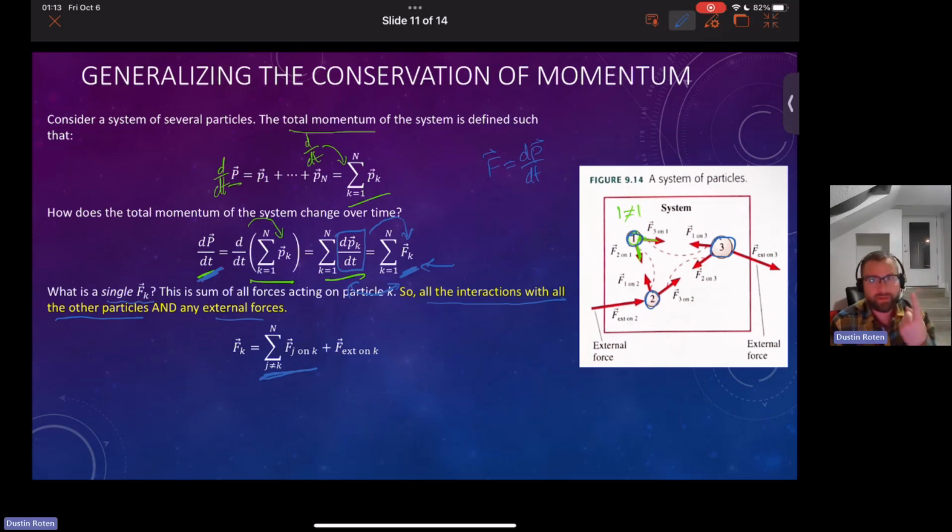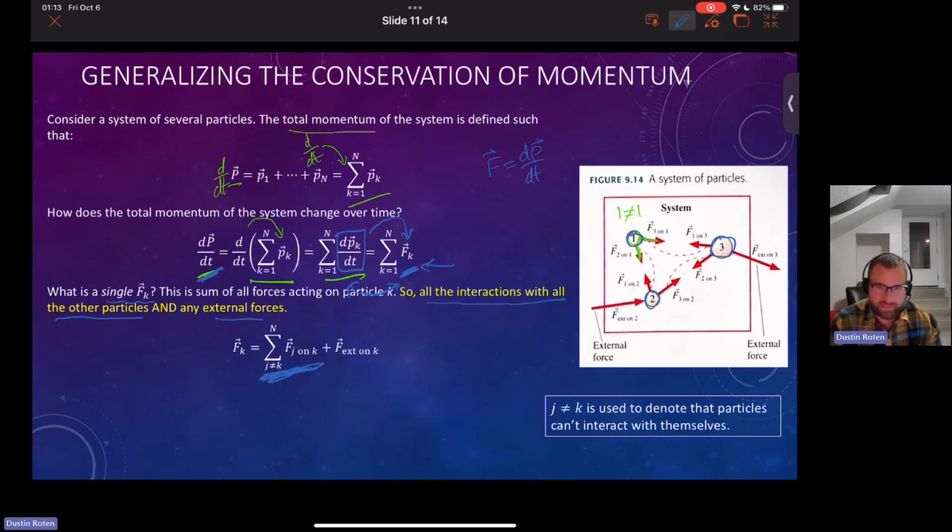If we're just going to look at one of these, like particle 1, we're summing all the interactions except the interaction of particle 1 with itself. That's why we have this notation right here. J can't equal K. That's a shorthand way of saying the particle can't interact with itself. We can't have 1 equals 1. We can have 1 equals 2, 1 equals 3, but we're not going to think about the particle interacting with itself at all. Therefore, J and K have to be different.